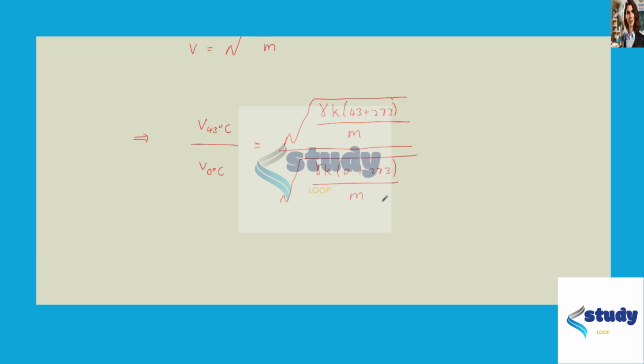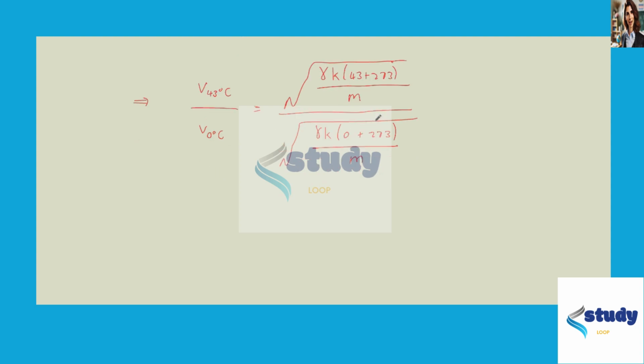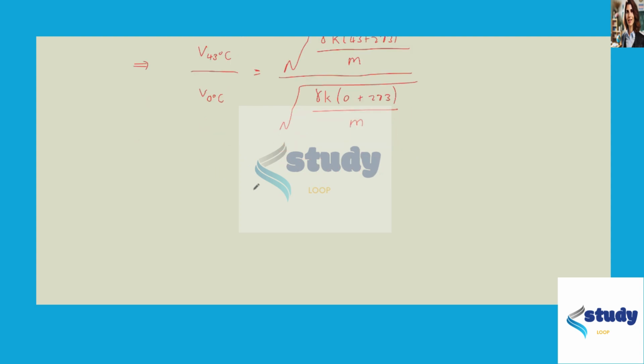Now gamma, K, and M are the same for both temperatures. So the ratio of the speeds in each temperature is simply the square root of the ratio of temperatures. That's the square root of 316 Kelvin over 273 Kelvin. So now we have the ratio of the speeds of sound in the two temperatures.